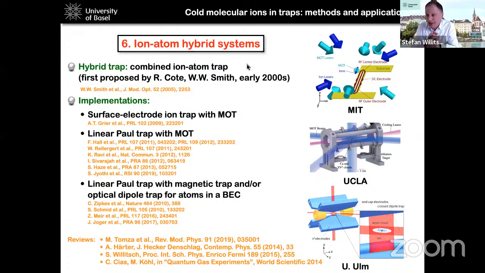Now let's talk about hybrid traps. A hybrid trap is a combination of an ion trap with an atom trap. That is an experiment that was originally proposed in a series of papers by Robin Coté and Winthrop Smith in the early 2000s.